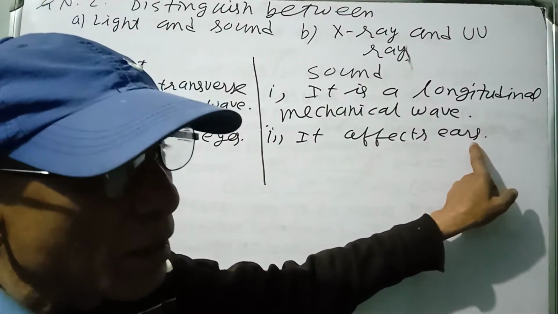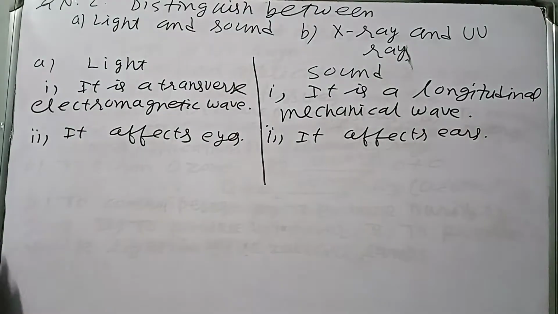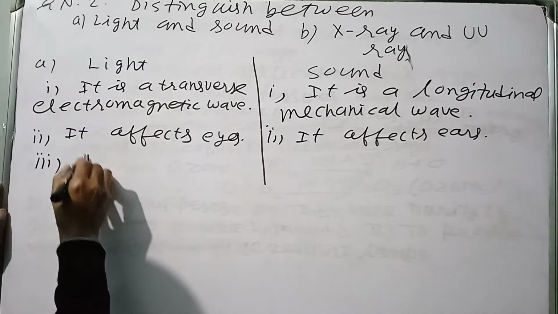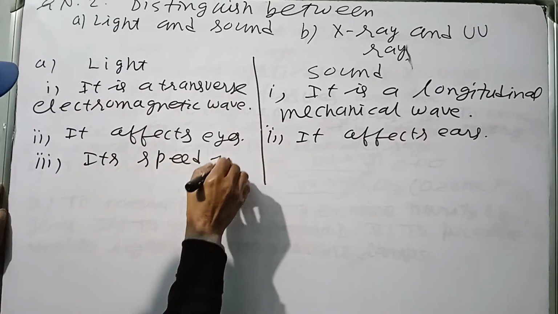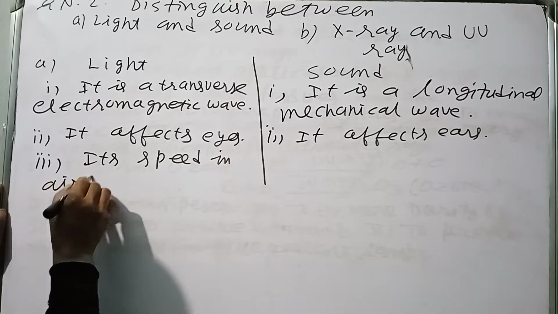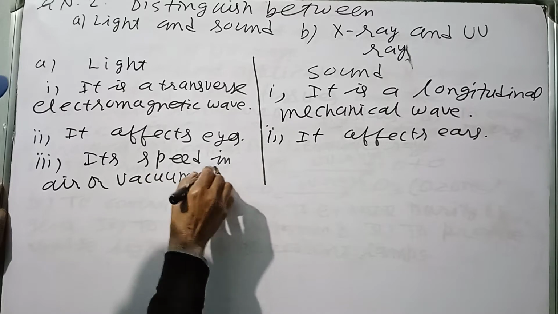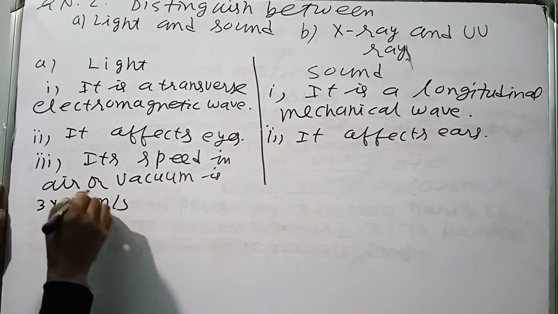It affects ears means it produces the sensation of hearing. And what about the speed of light? Its speed in air or vacuum is 3 into 10 to the power 8 meter per second.